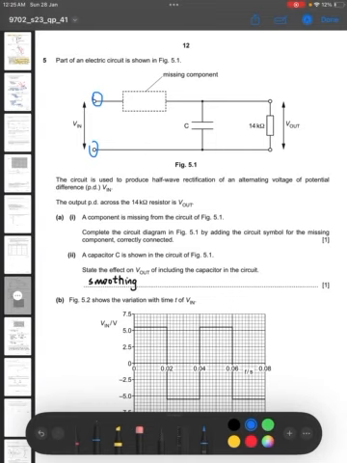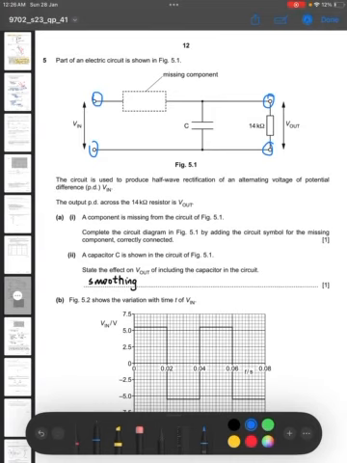The output PD across the 14 kilo ohm resistor is V out. So the voltage as measured across this output resistor is equal to V out.